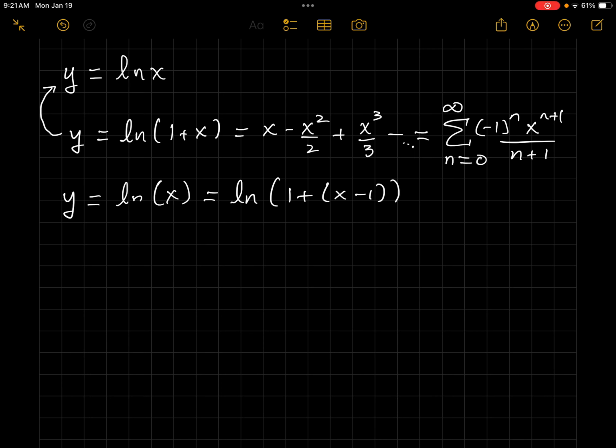So how can I get from here to here? Well, I could do it by getting from here to here, which says for every x, I can replace it with x minus 1 in parentheses. So I could do it in my series form. Every time I see x, I'm going to replace it with x minus 1 in parentheses.